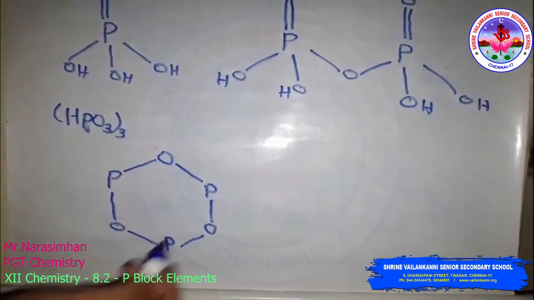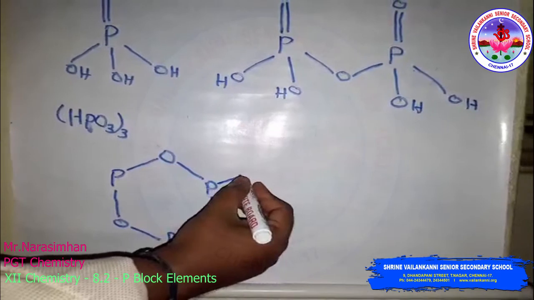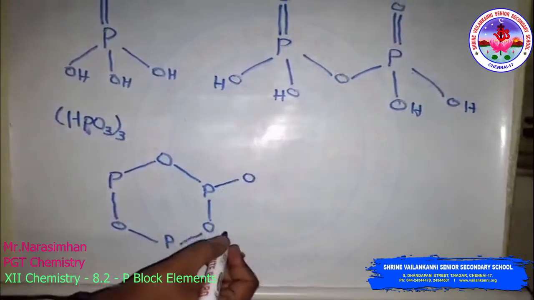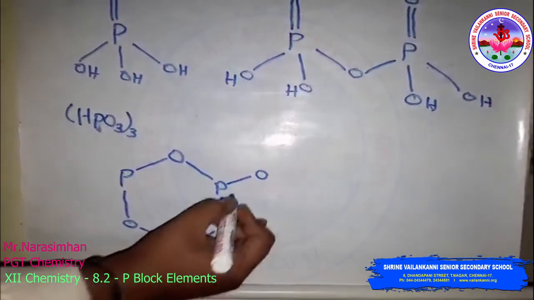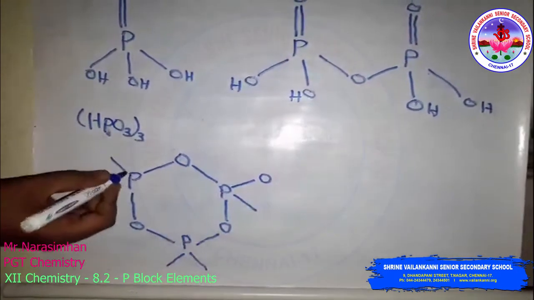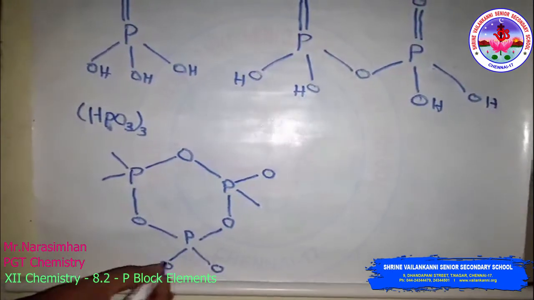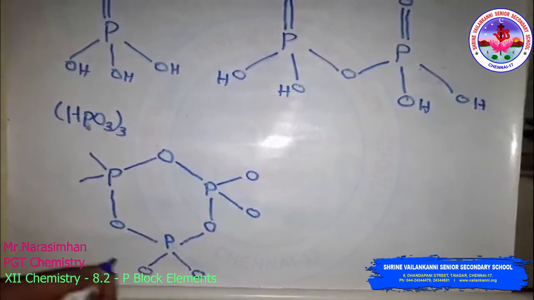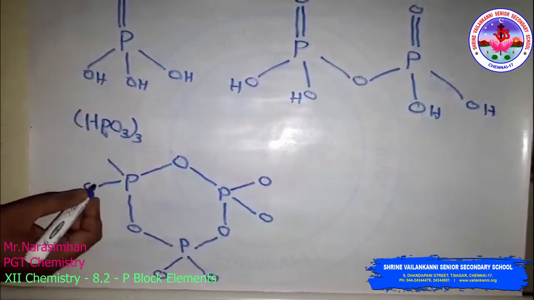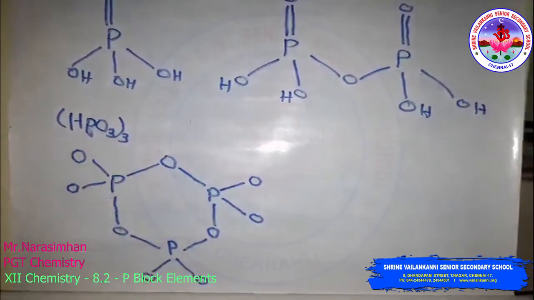Then just write oxygen, just put here like this. In all bonds you have to write the oxygen atom, 2, 4, 6. So 6 plus 3, 9. So 9 oxygen atoms are over.